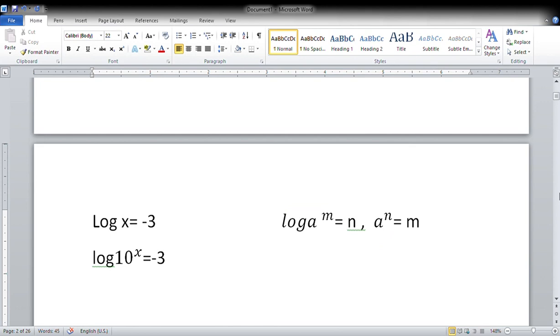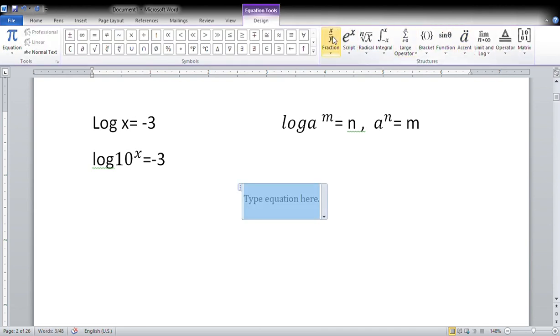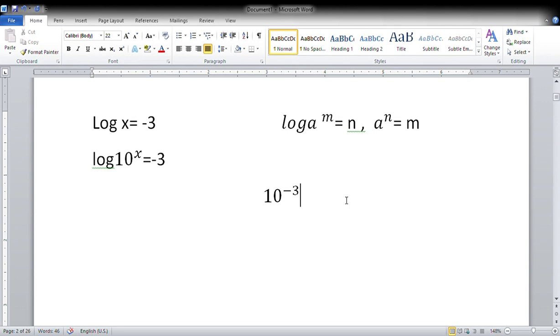So we will do the same thing here. 10 will be the base, so 10 to the power minus 3, is equal to x.